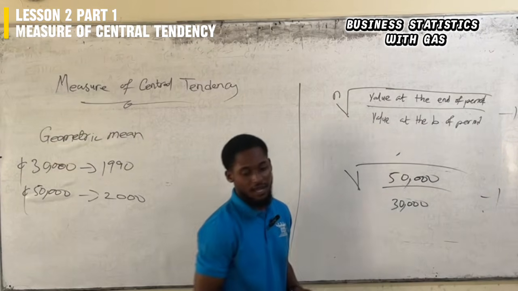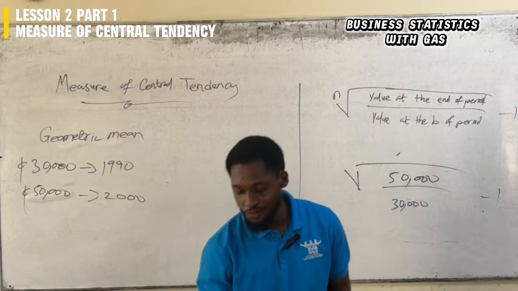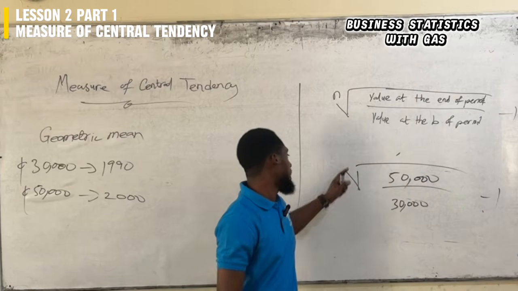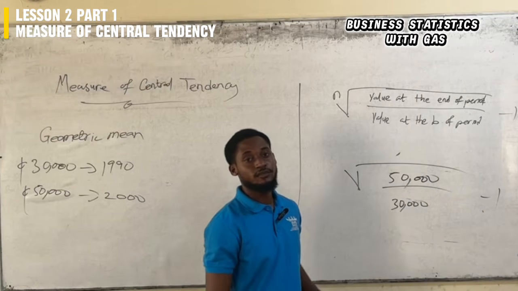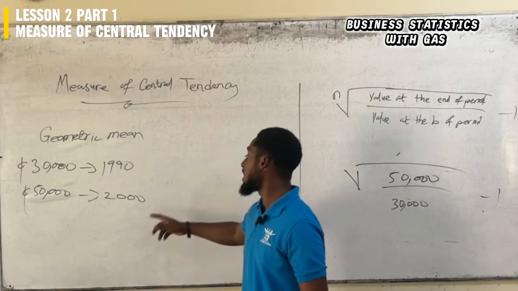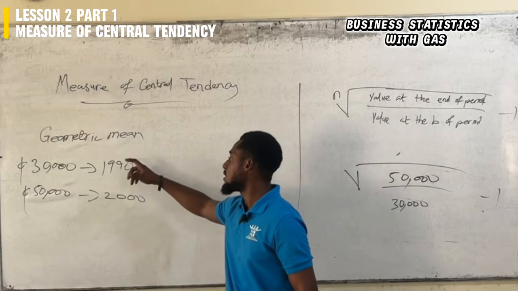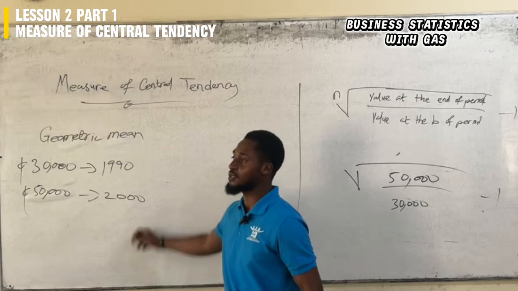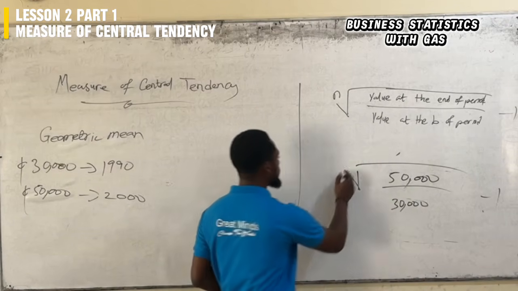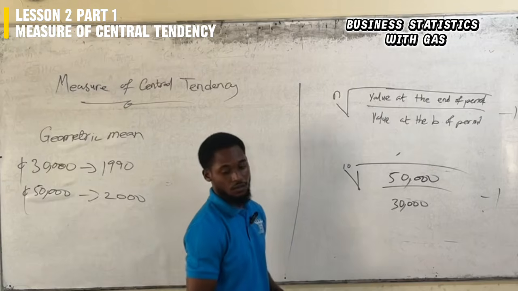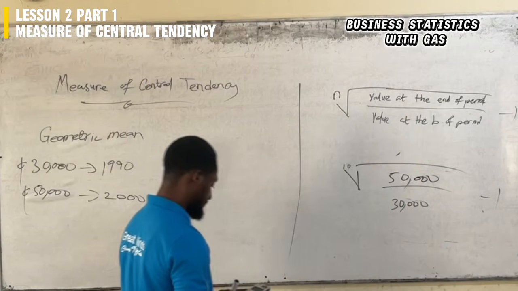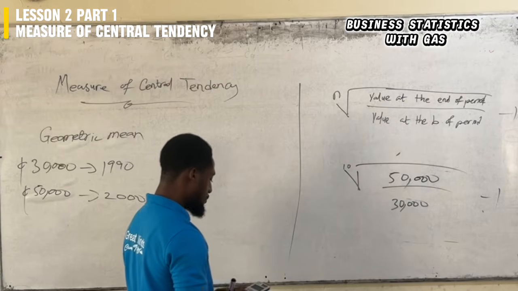The n wasn't given in this question, so someone will ask, how then do you get your n? The n should be the number of years. You've been given 1990 and 2000, so you subtract 1990 from 2000, and it's a period of 10 years. So you state it here. So now let's take our calculator, then input our figures.